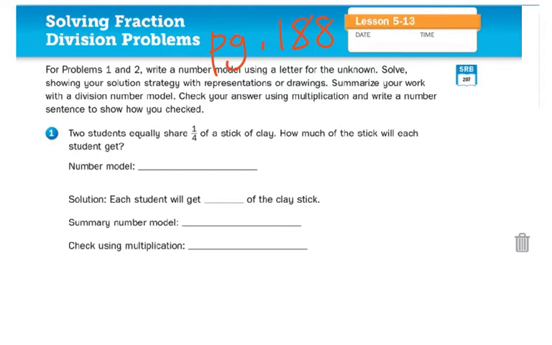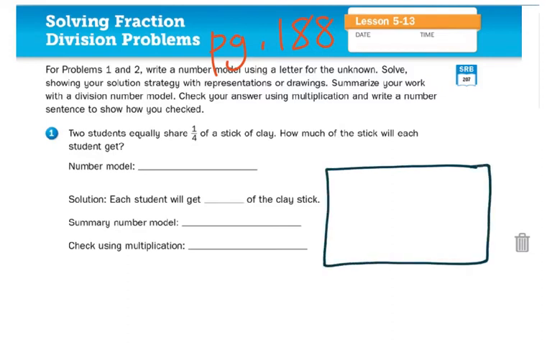So what we'll do is begin by drawing a picture. I think that's the best way for us to visually see it all. So, number 1, 2 students share 1/4 of a stick of clay. How much of the stick will each student get? Let's go ahead and draw the stick.